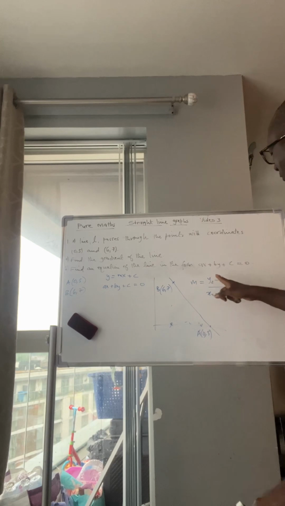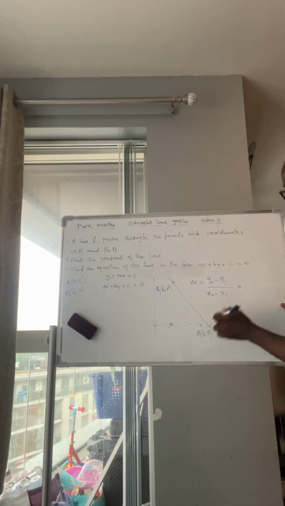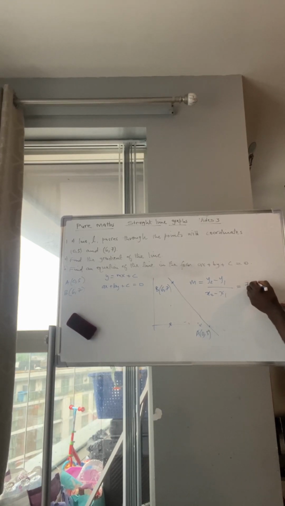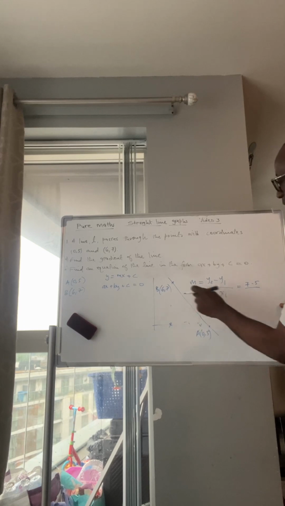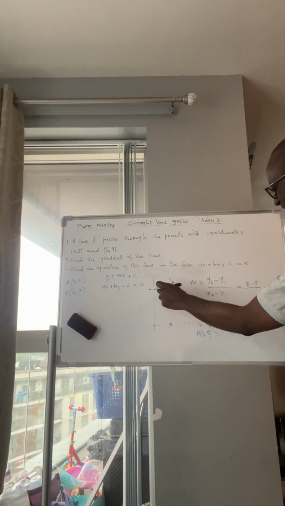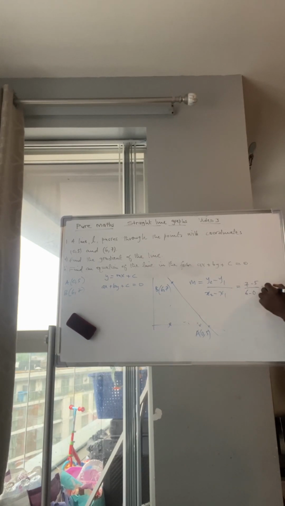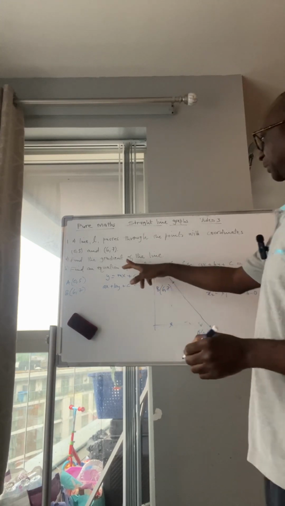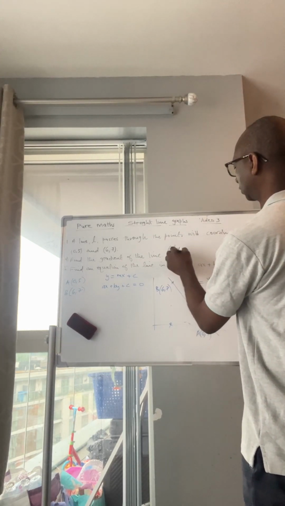So y2 minus y1, that gives us 7 minus 5 divided by x2 minus x1, 6 minus 0. So this is 7 minus 5, 2, all over 6 minus 0 is still 6. So this gives us 1/3. That's the gradient. So the first question here, gradient of the line, is answered by a fraction, 1/3.